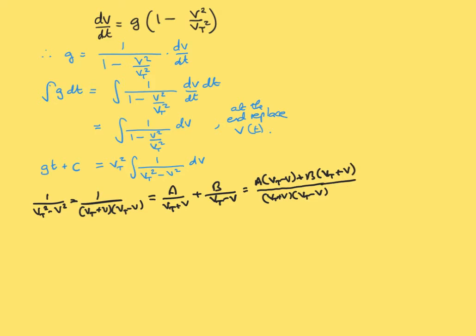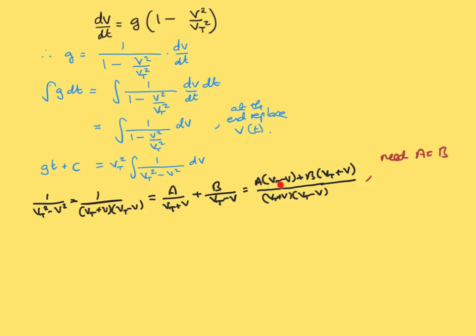Now, for this to be the same, this is a constant, so we need the numerator to be a constant and not to have any v dependence. And that tells us that the a times minus v and the b times v have to cancel. So we read off immediately that we need a equal to b for the v's to cancel. What about the constants?